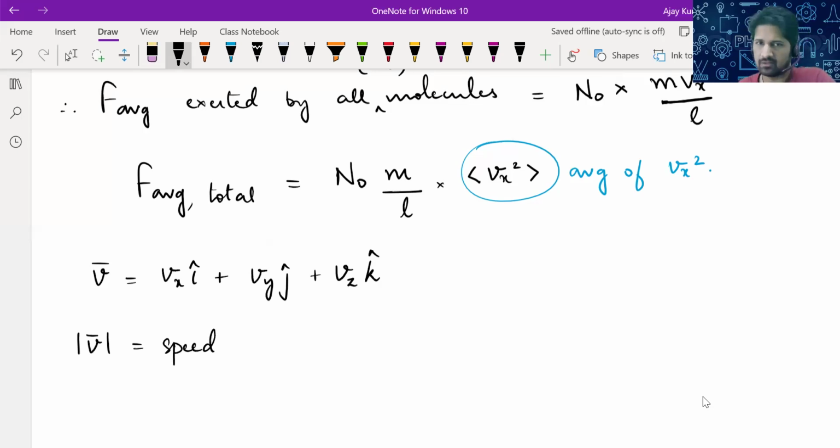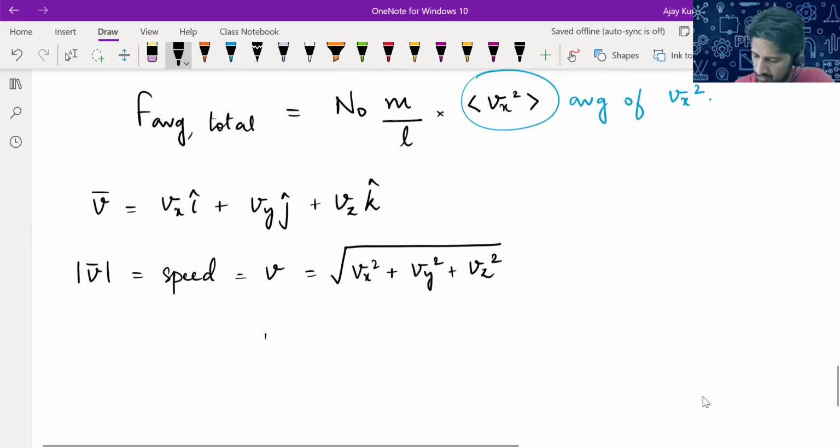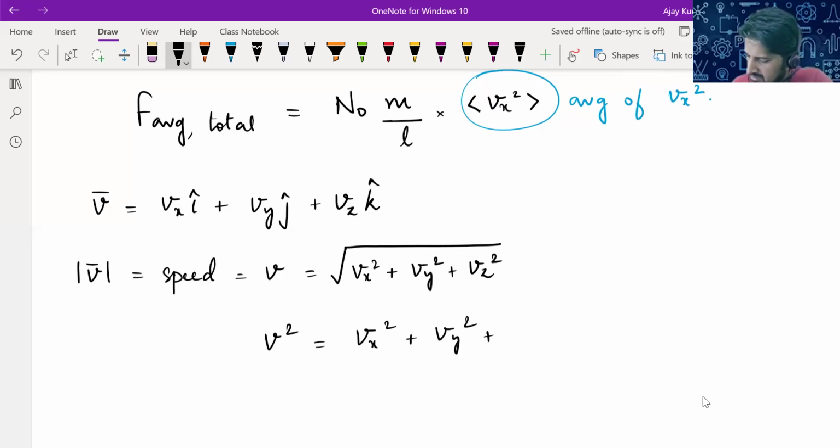By definition, magnitude of velocity is speed. We can write V as under root Vx square plus Vy square plus Vz square. Now you square on both sides. The square of the speed becomes Vx square plus Vy square plus Vz square.